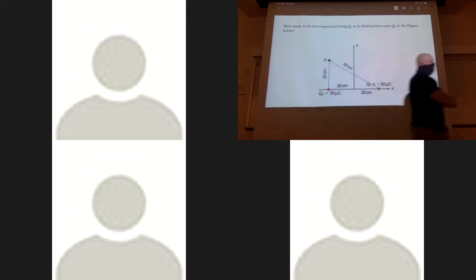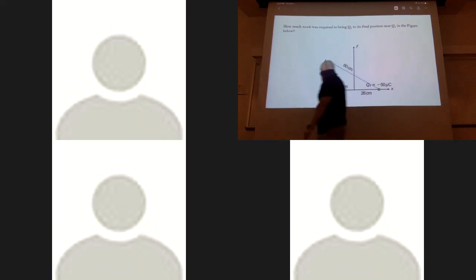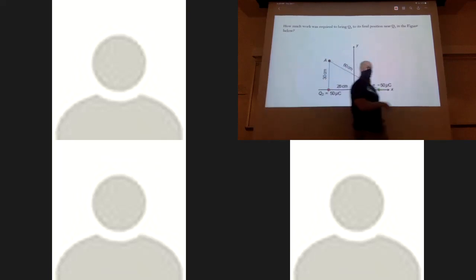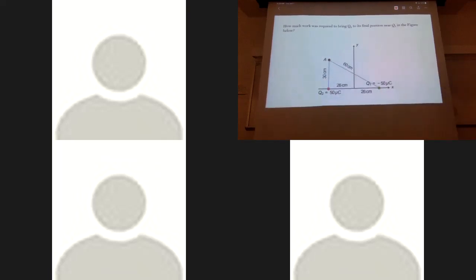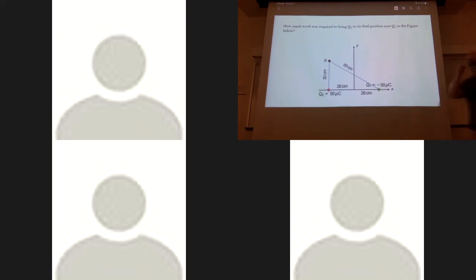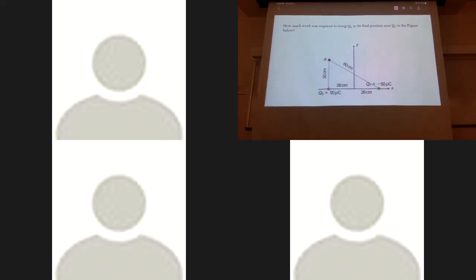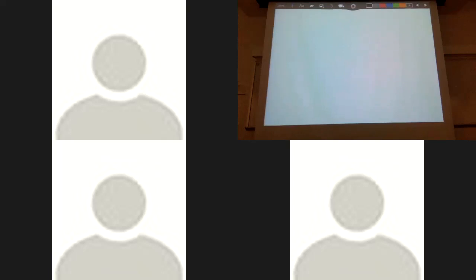Then I'm going to come all the way out to spatial infinity, grab Q1, drop Q1 here, go all the way out to spatial infinity on this side, grab Q2, drop Q2 in here, and I want to know how much work did I have to do. How much total work was required to bring that charge finally into this configuration. This is what we want to know. So what was the total amount of work done to set this thing up?